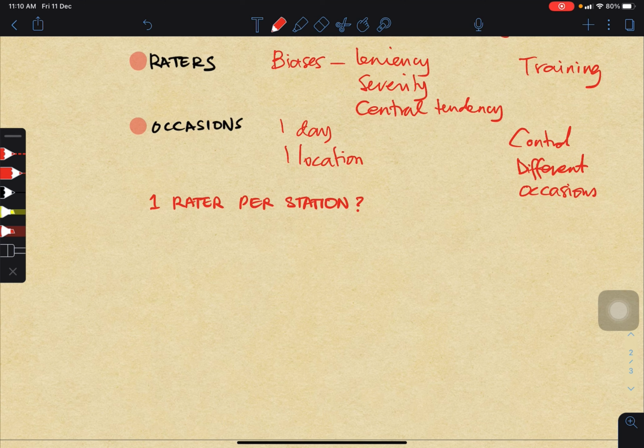The final thought is that often you will get asked, or you might be thinking of this question: do we need 2 raters per station? Will 2 raters be better than 1 rater?